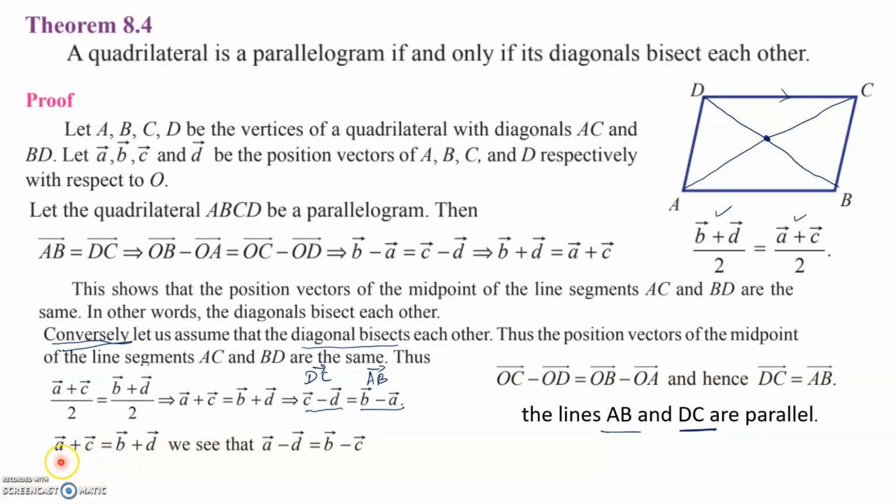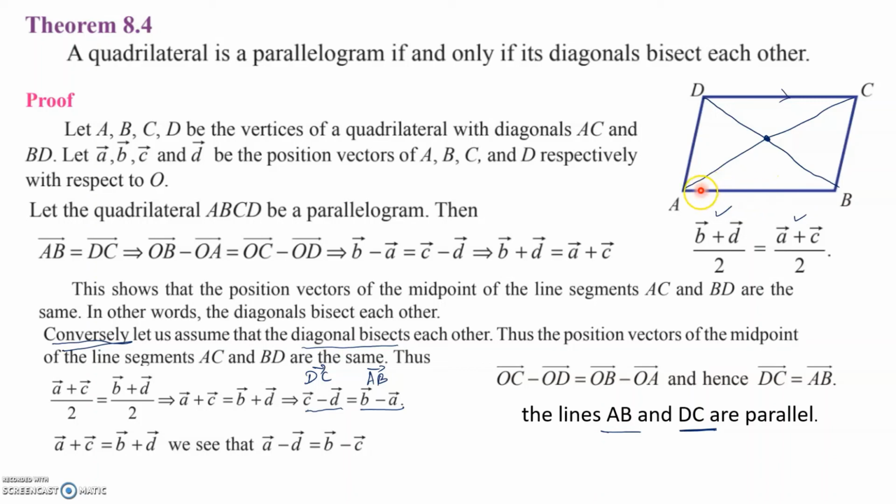Further, we can prove that A plus C is equal to B plus D, and by rearranging this, A minus D is equal to B minus C. This means that vector AD is parallel to vector BC. So here we can very clearly see that the opposite sides are parallel.